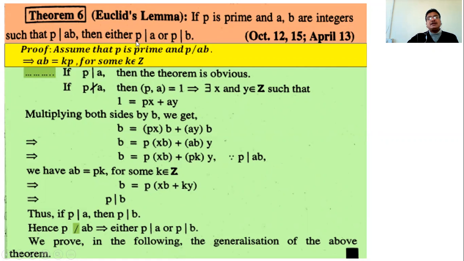When the statement "P divides A or P divides B" is true, the two statements are joined by the logical connective OR, and we know the truth table of P or Q. When a compound statement is joined by OR, it is true if one of them is true, and also if both are true.